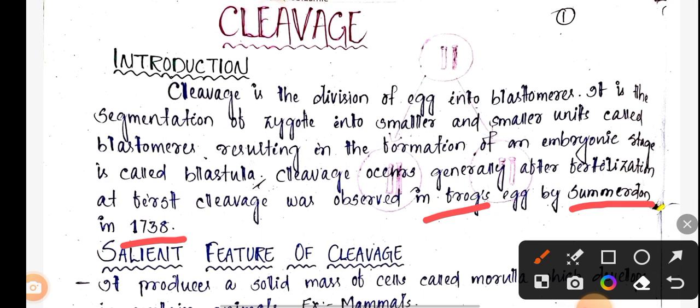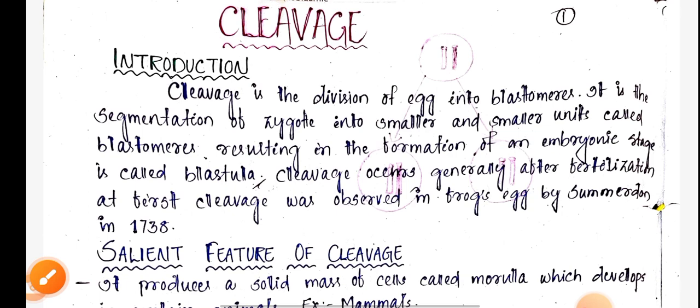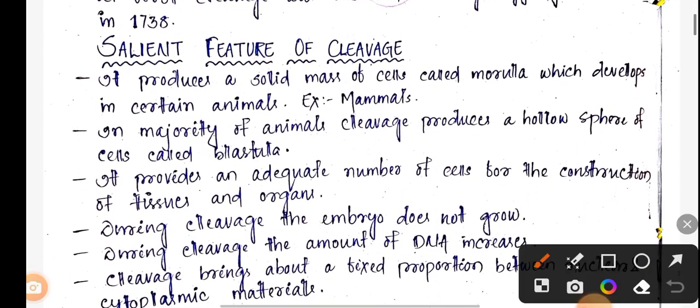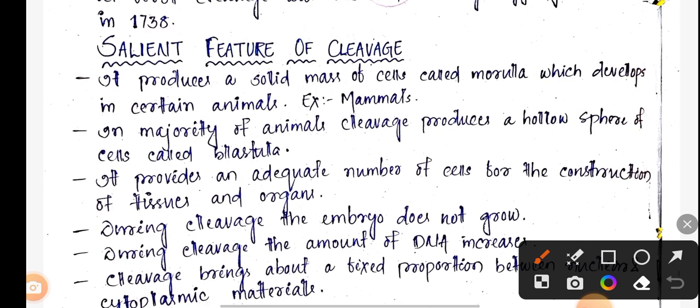So now let's see the salient features of cleavage. It produces a solid mass of cells called morula, which develops in certain animals, for example mammals.